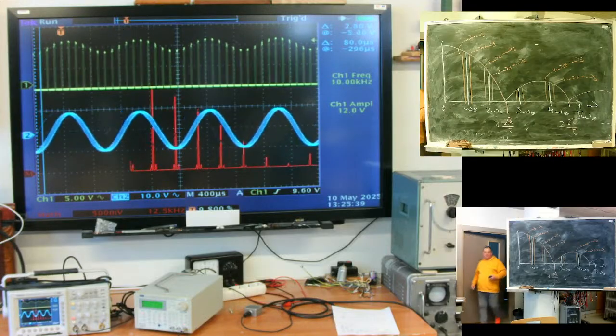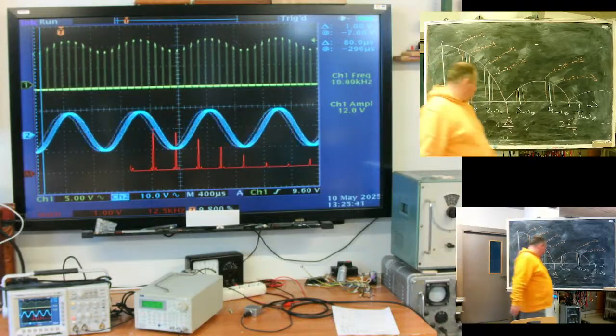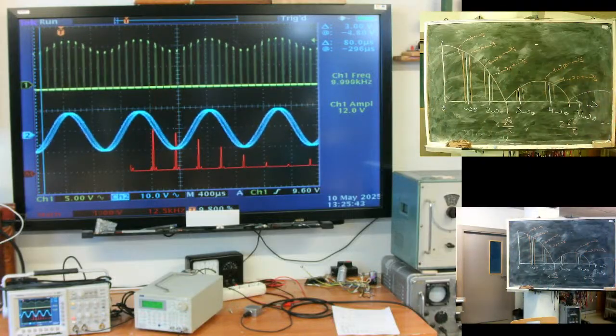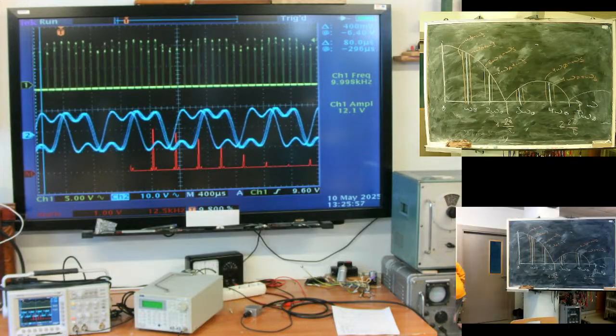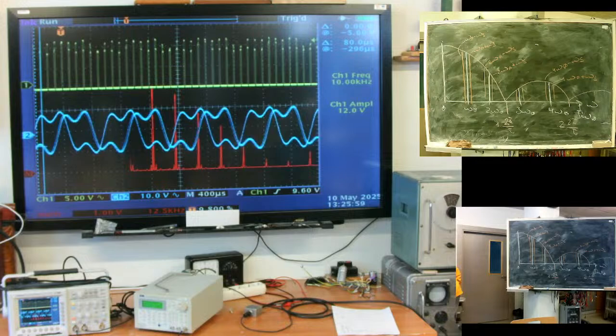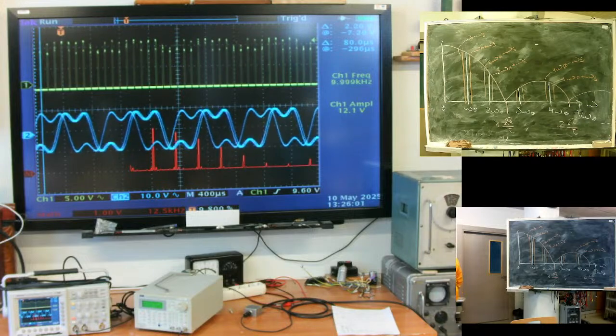Okay, where are we? One second. I will add, let's make our signal more familiar. I'm adding a third harmonic to my signal. And maybe fifth.